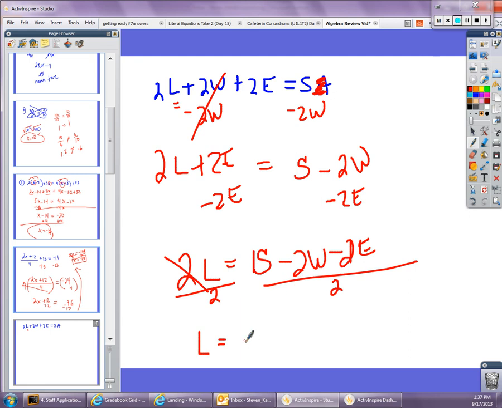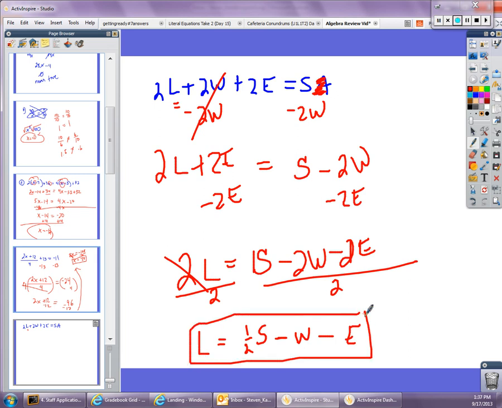Well, 1S divided by 2 is 1/2 S. Negative 2W divided by 2 is negative W, and negative 2E divided by 2 is negative E. So here is the equation solved for L, or technically if you would have had this right here, that would have been okay as well.